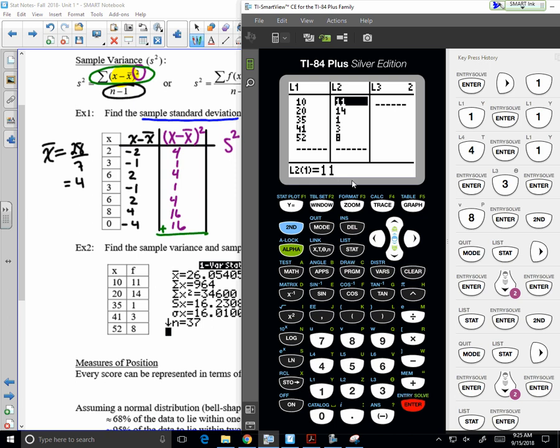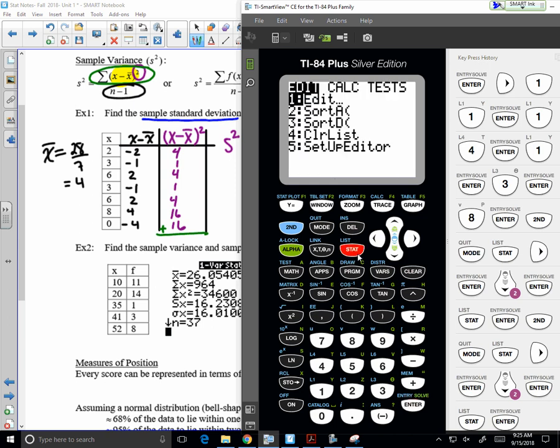Did we figure it out? That's good. Okay, Stat. Oh, frequency list. L2, second 2. And then Calculate is going to work.